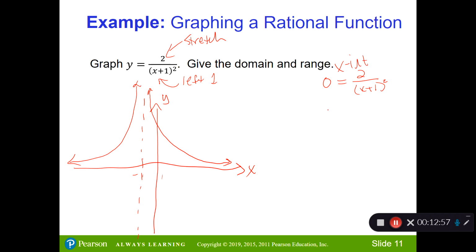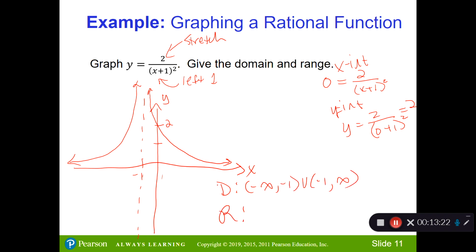But my y-intercept, I'm setting the x to 0 to find this point right here. So I would go y equals 2 over 0 plus 1 squared. That's 2. So 0, 2 is where we have that intercept. What's our domain? All numbers except negative 1. And what's our range? All the positives.